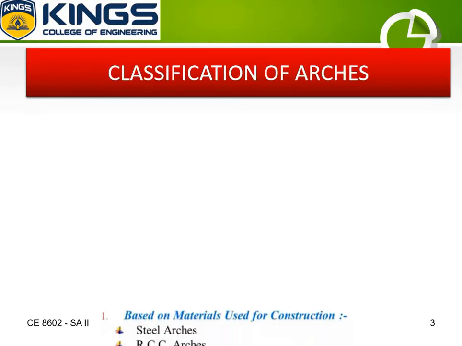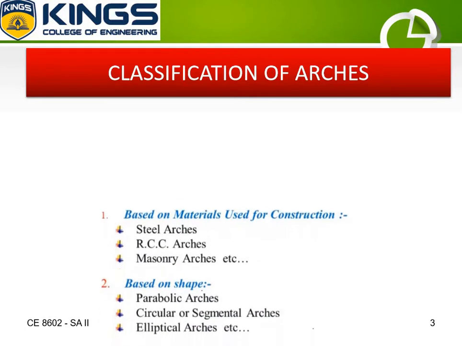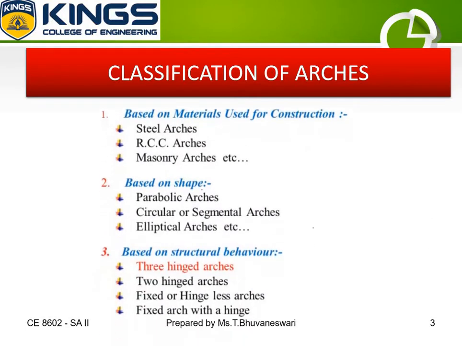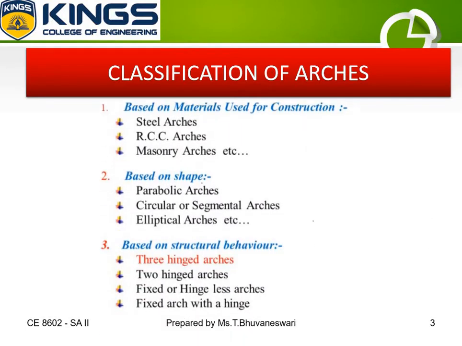And then, classification of arches. Arches can be classified based on the material used for construction, based on the shape, and based on the structural behavior. Arches can be built of masonry, reinforced concrete or steel. This is based on the material used for construction.